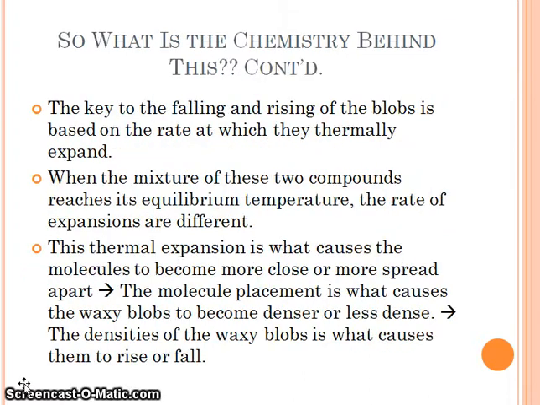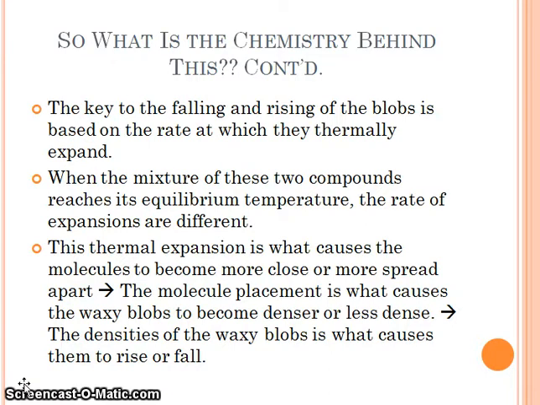Now, to get a little bit more in-depth, the key to the falling and rising of the blobs is based on the rate at which they thermally expand. So when the mixture of these two compounds reaches its equilibrium temperature, the rates of expansion are different. This thermal expansion is what causes the molecules to become closer or more spread apart. The molecule placement is what causes the waxy blobs to become denser or less dense.